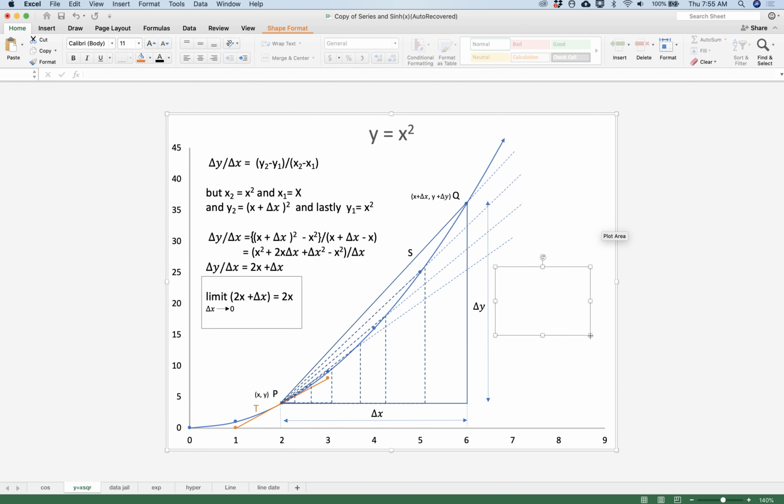Okay, our rule would be, if we have an f of x equals a x to the n, and we've got to make that an exponent.